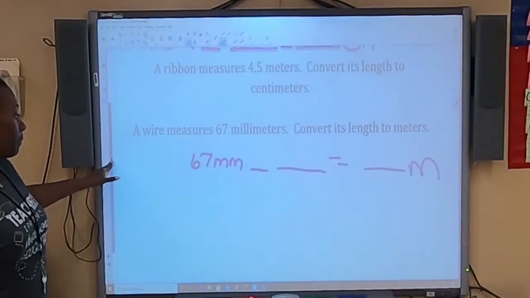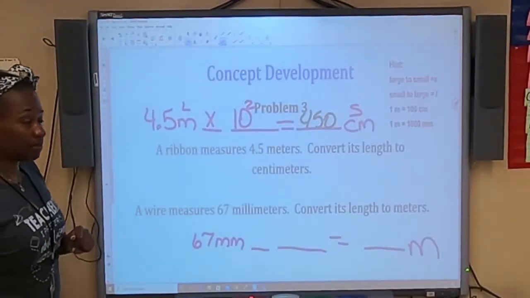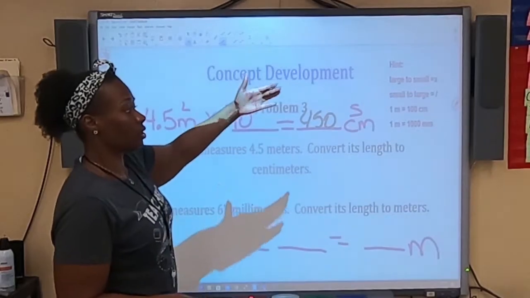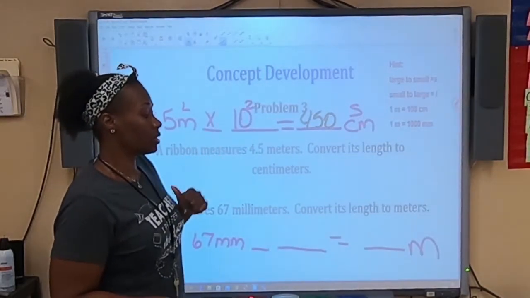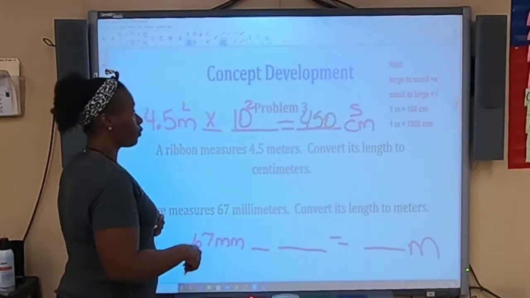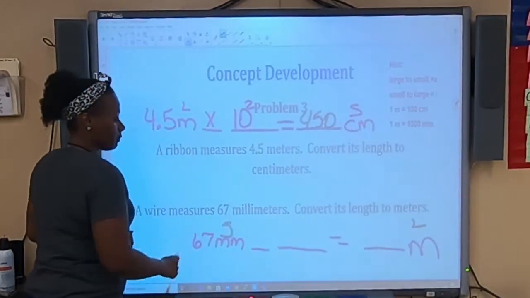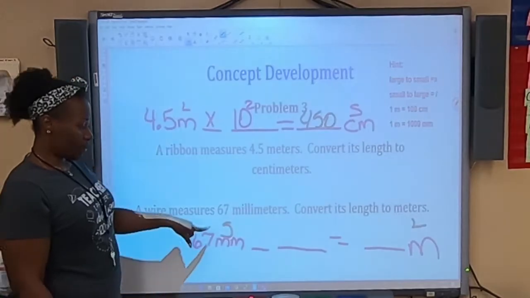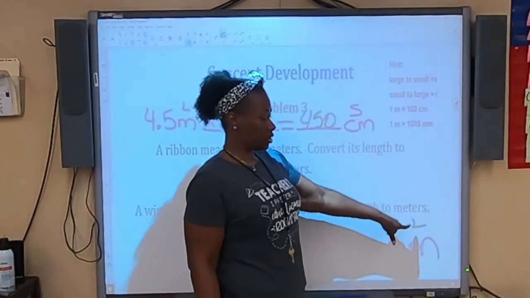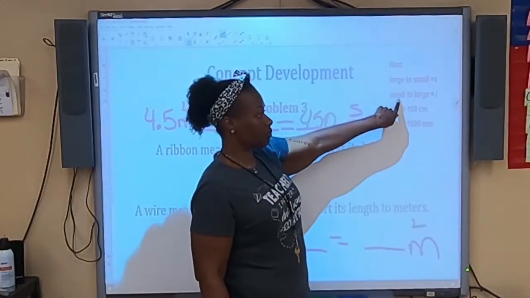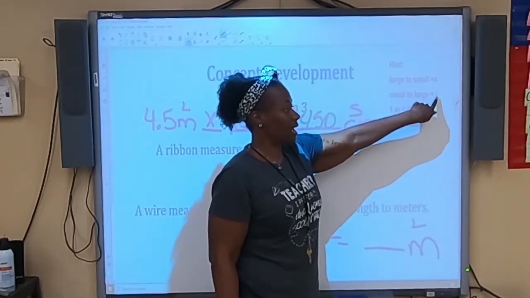Remember, our first step after setting up is I figure out, are we going large unit to small unit or small unit to large unit? Remember, we've been saying that a meter is bigger than a millimeter. So this time we're going small to large, which tells me to divide.